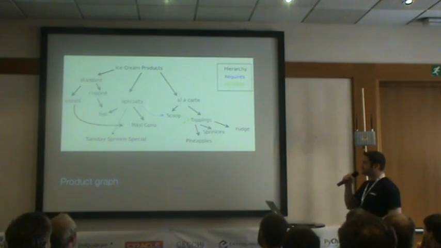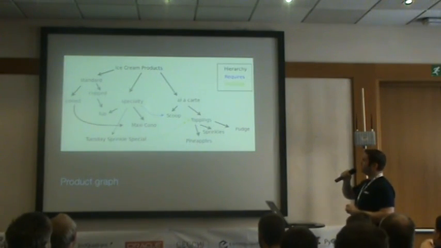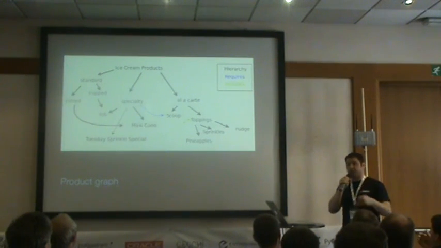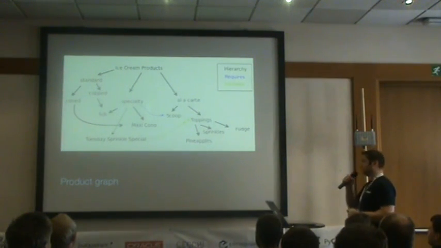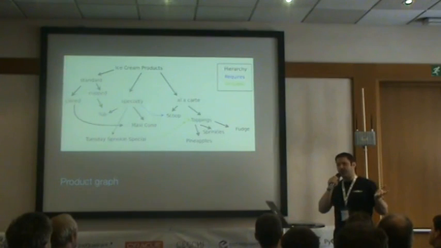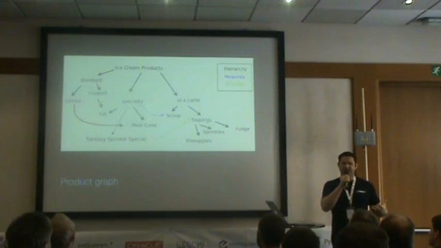Now, some of the differences that I've made here is that instead of saying, oh, well, I had a rule before that said, if I order something in a tub, I have to get more than 2 scoops of ice cream. That's a requirement. I'm required to have more than 2 scoops. But as soon as I actually started making this graph, I realized, oh, wait, that also applies to the maxi-cone. In fact, all the specialties are big items.